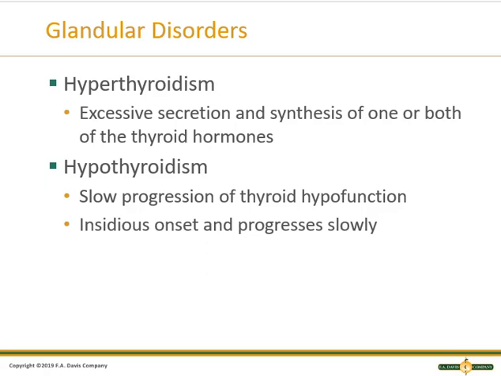And we're first going to start with hyperthyroidism, which is the excess secretion and synthesis of one or both of the thyroid hormones. And these are T3 and T4. And the book discusses thyroid toxicosis as a general term that encompasses hyperthyroidism as well as exogenous thyroid hormone intake and subacute thyroiditis, where you can have inflammation of the thyroid gland, and this can result in a rapid excretion of thyroid hormones.